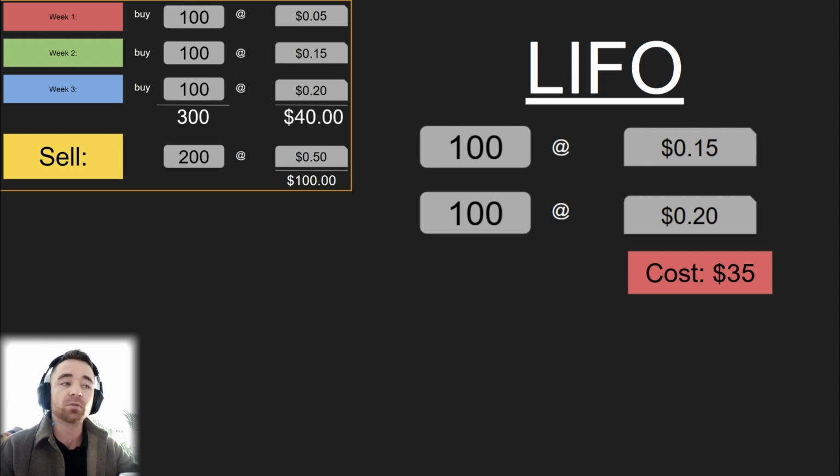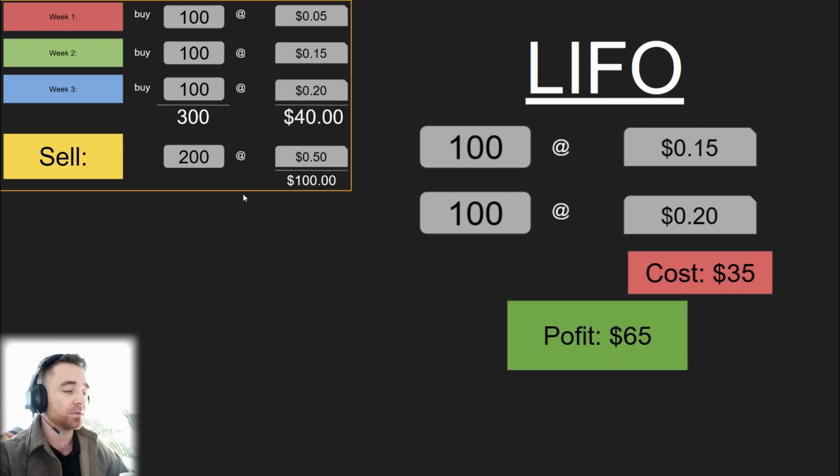The order in which we sell these things will determine some of the differences in these numbers. So now our cost is 35 instead, which means we're doing $100, our total revenue, take away 35, which leaves us with a profit of $65, which is different from our reported profit that we got under first in, first out.